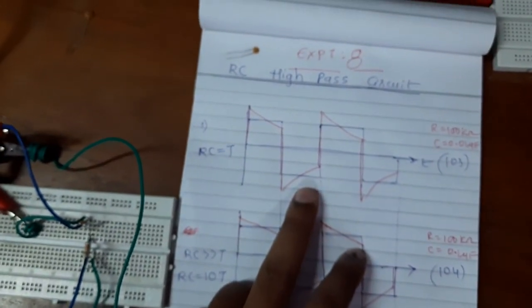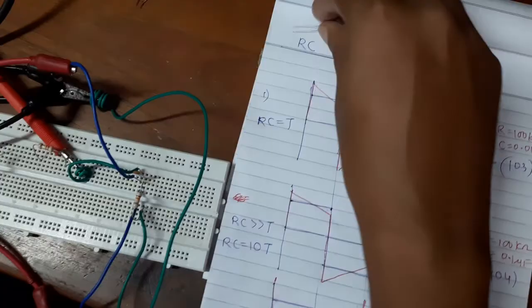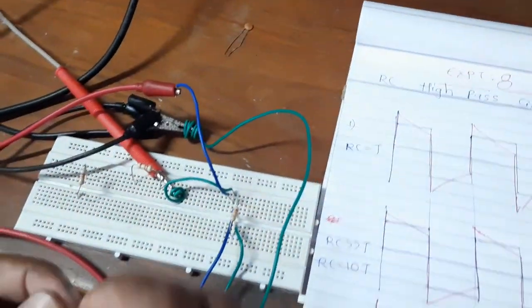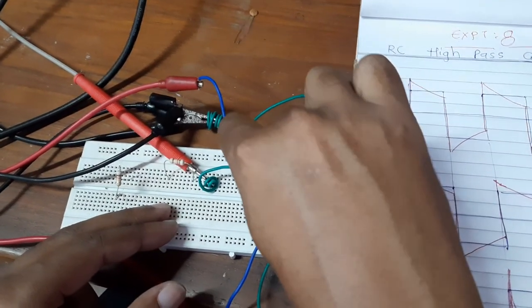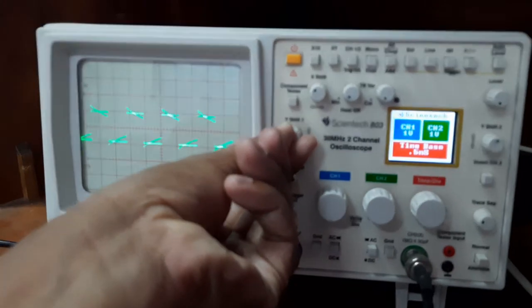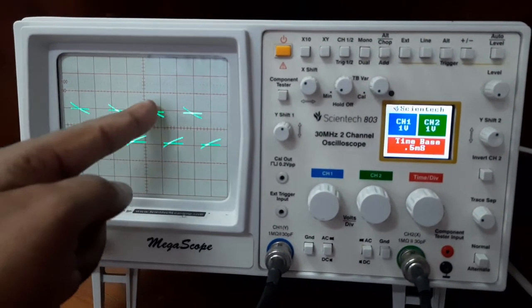When RC is equal to T, we'll see how the waveform looks. I will remove this capacitor and replace it with a 103 capacitor, that is 0.01 microfarad. Now if you can see on the CRO, see how you are getting the output. I'll just superimpose. On the CRO you don't get those straight lines like this.